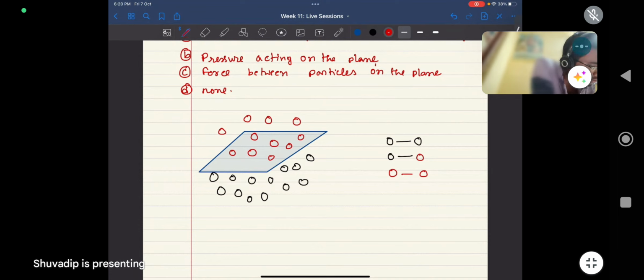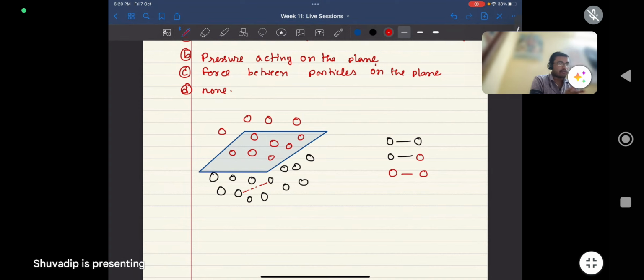Now the black interaction is confined to one side of the plane. So suppose this black and this black is interacting, the line of interaction is on one single side of the plane. So this plane is our consideration where we want to calculate the stress, but the line of interaction is not intersecting the plane.